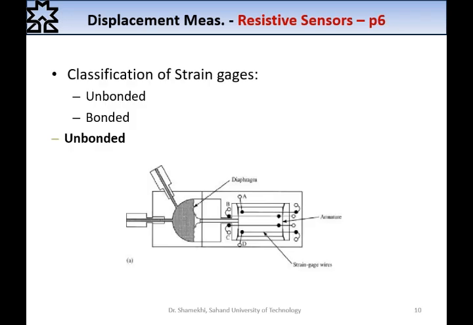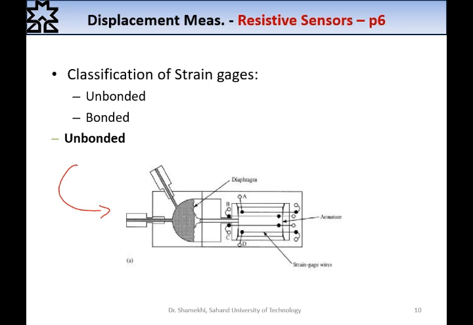On the structure of the strain gauge, we can divide the strain gauge into two classes, unbounded and bounded. In unbounded strain gauge, we present a good example of these types here: a pressure strain gauge sensor.